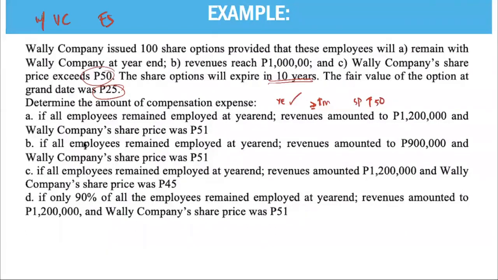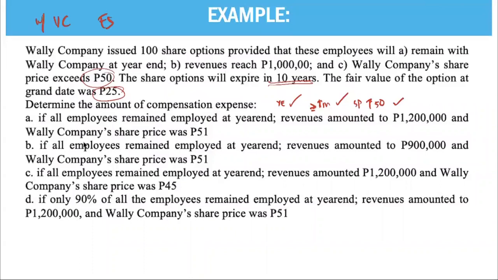Employees remained, yes. Revenues 1.2 million, that is more than or equal to 1 million. Share price was 51, yes. So all vesting conditions met. Since all vesting conditions met, we have an expense. So 25 multiplied by 100, so this is 2,500.